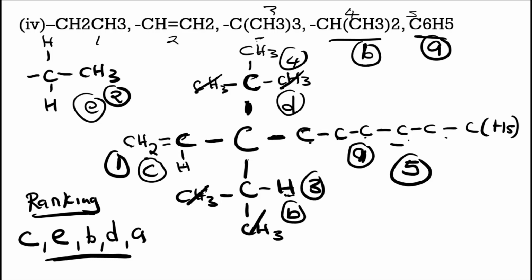This is B, and then this is D, and then where is C? Okay, this is C, and then this is E. So in ranking priority, you've got C as the lowest, and then you go to E, then B, then D, and A. So this is how you're going to rank priority in this compound here.